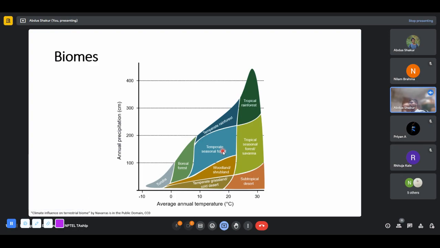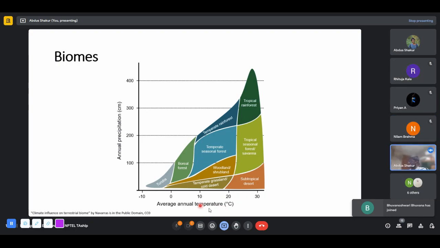Most of these biomes can be arranged on just two axes. One axis is temperature: what is the annual temperature of that area? And then what is the annual precipitation that happens in that area?